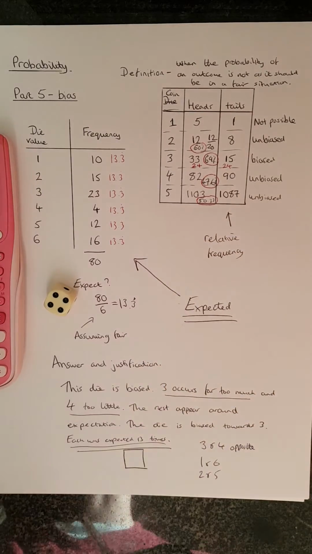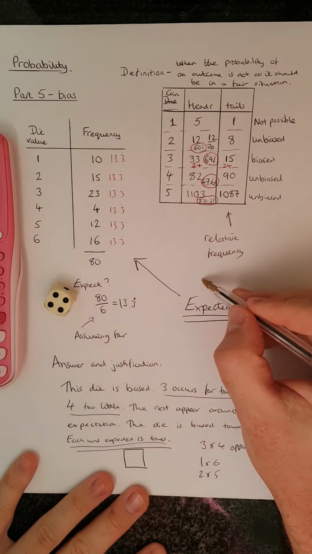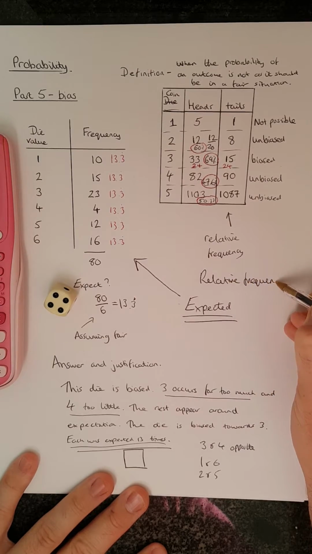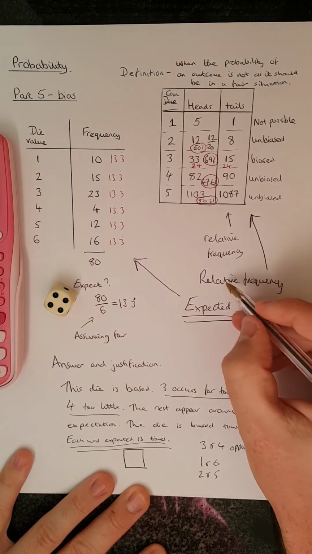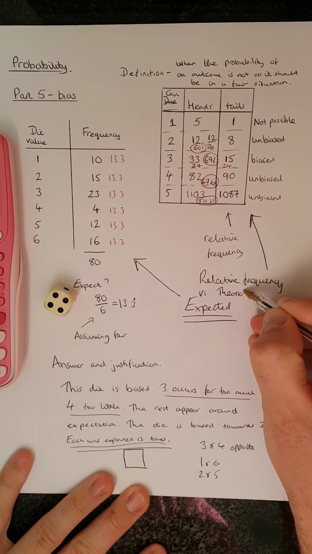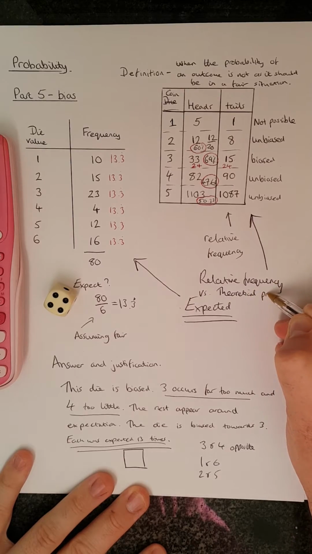That's route 1. The second one is to work out the relative frequency and compare it to the theoretical probability.